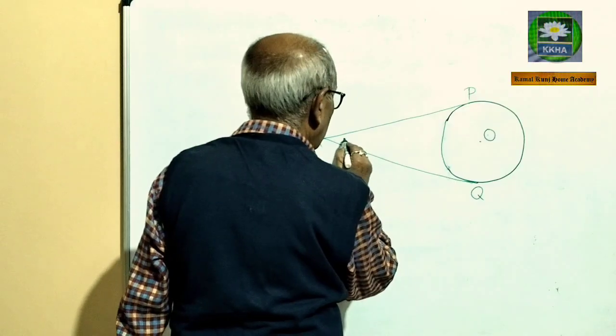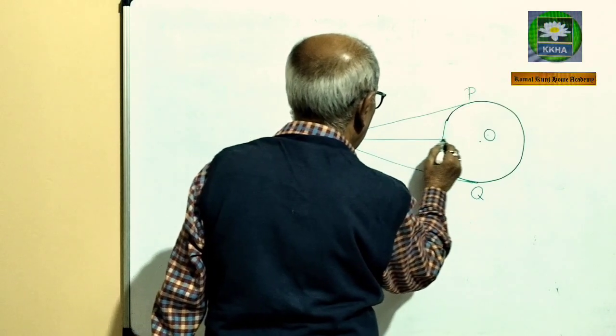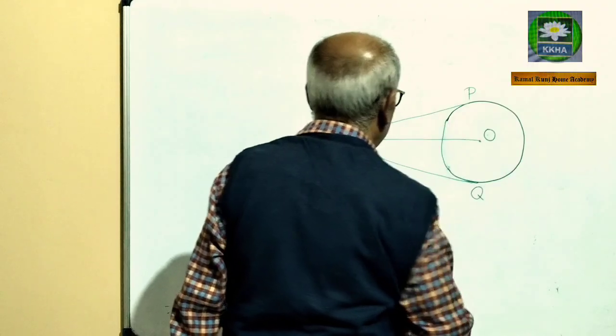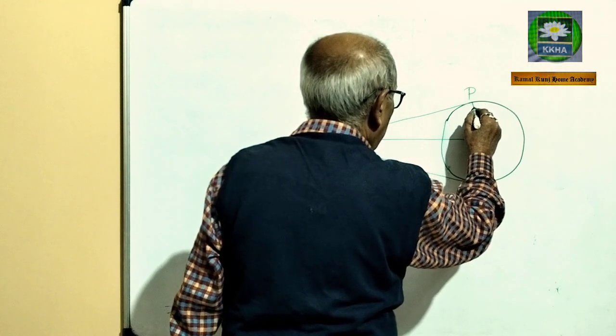And this is the line segment joining center and the point A. This is the radius.